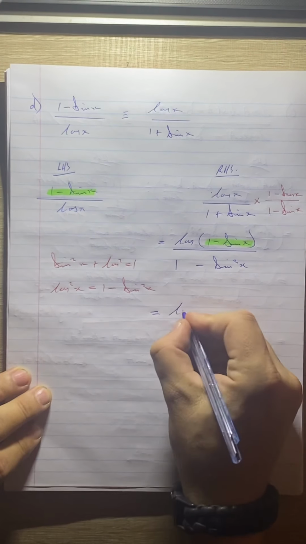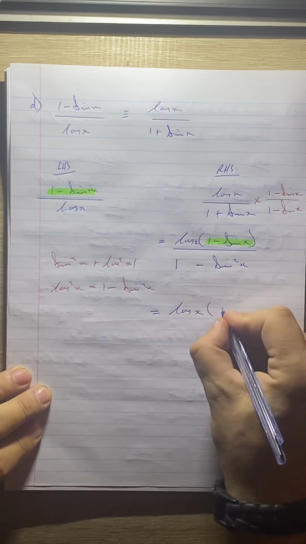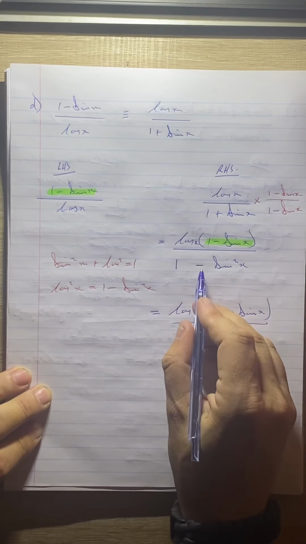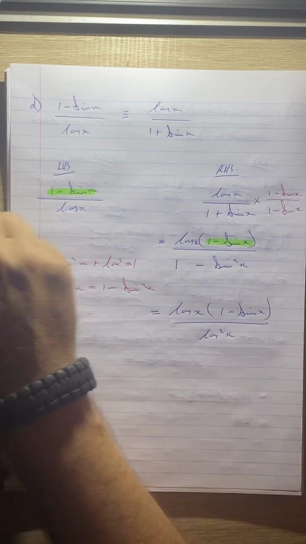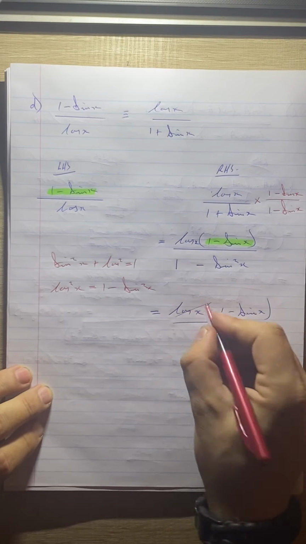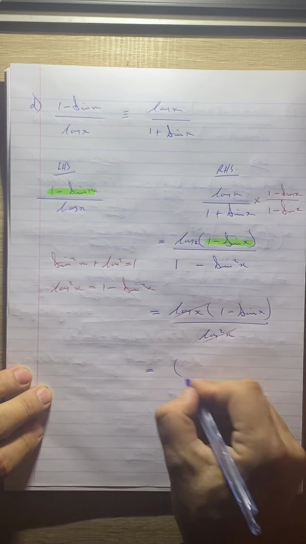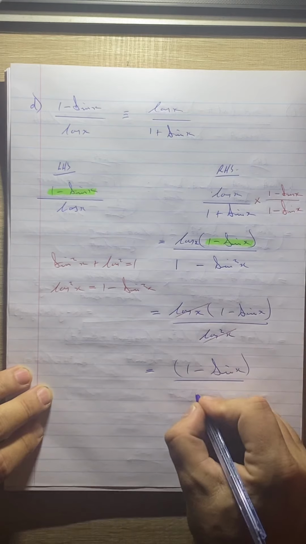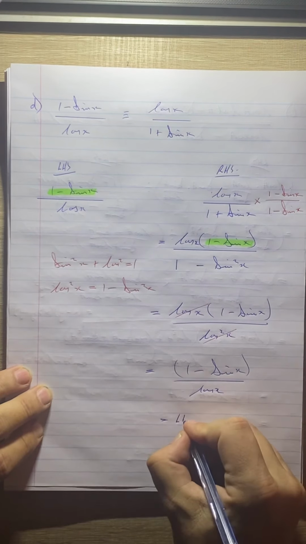So we get cos x, 1 minus sine x over, now this is going to be replaced with cos squared x. And 1 cos x here will cancel with that cos x. Just remember that was squared, so we still have a cos x at the bottom. So it's 1 minus sine x over cos x, which is our left-hand side. And we have proved it.